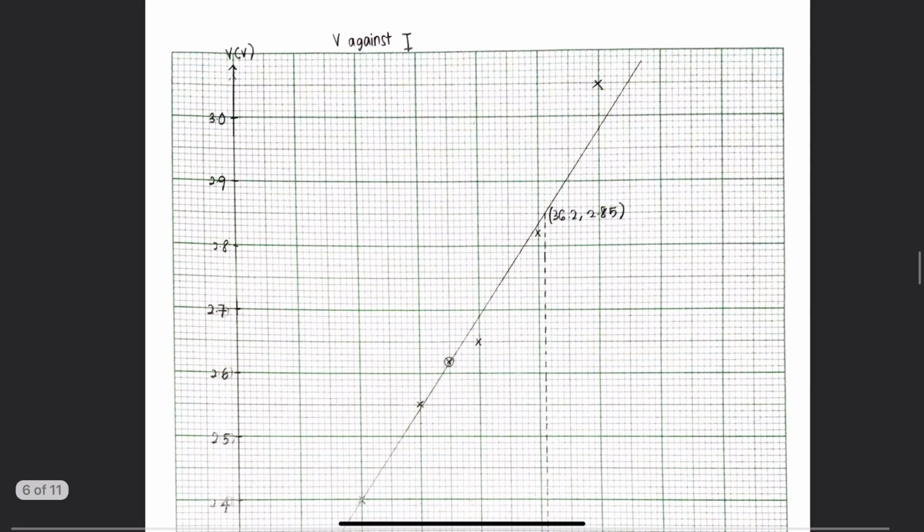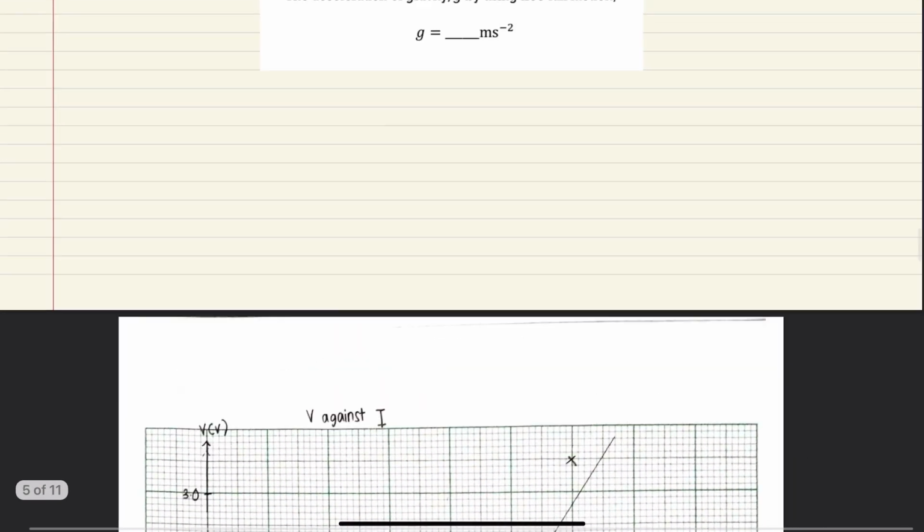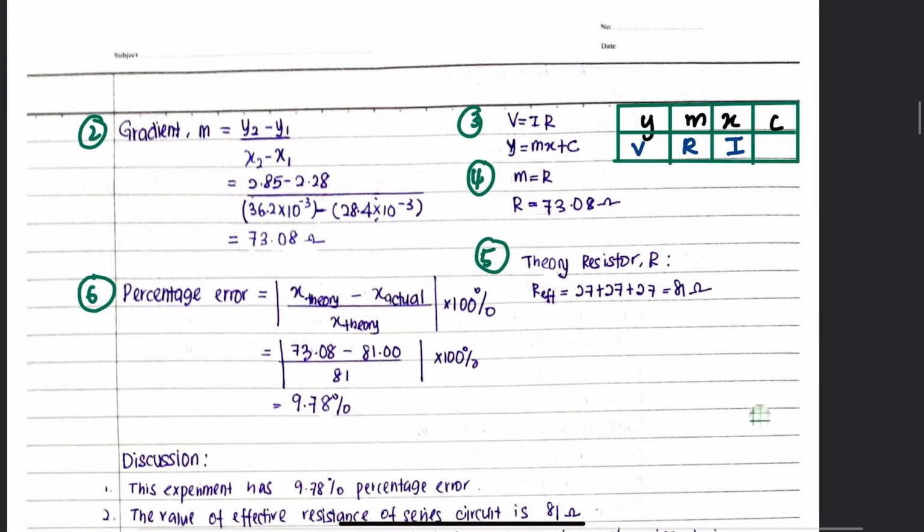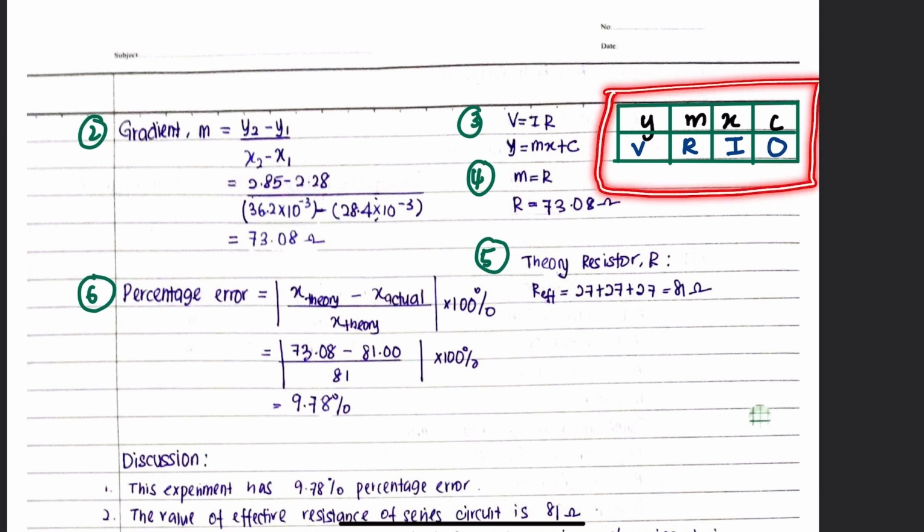She was plotting V against I, so V is your y and x is your I. Here you can see that the gradient is equal to R. So I strongly suggest you use the table.